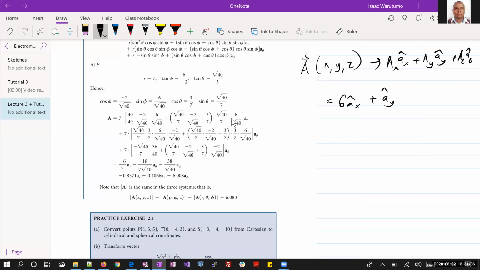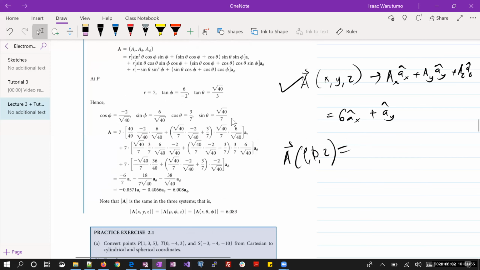So with that we have already done. What we are now remaining is to express AY in terms of rho, phi, and Z.